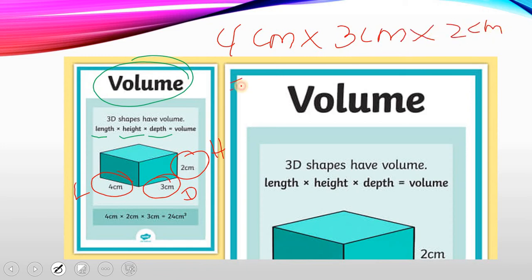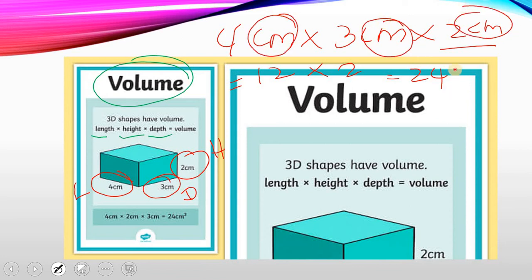Okay, so 4 times 3, jawapan dia adalah 12. Okay, jangan lupa yang 12 ni darab dengan 2 adalah 24. And we must write the unit. So we have 1, 2, 3. So we have cm 3.